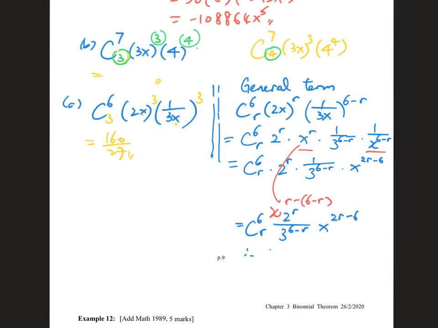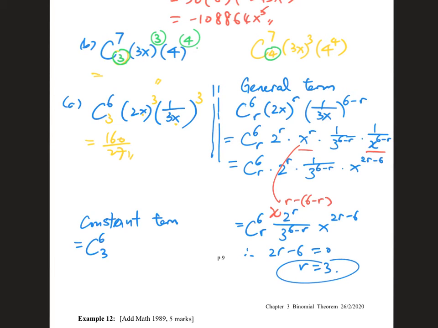Because it's a constant term, that means 2r minus 6 should be 0, which gives you r is 3. So that's why the constant term would be 6C3, because after you got r is 3 here, 2 to the power 3, 3 to the power 3, and then x to the power 0, which gives you 160 over 27.